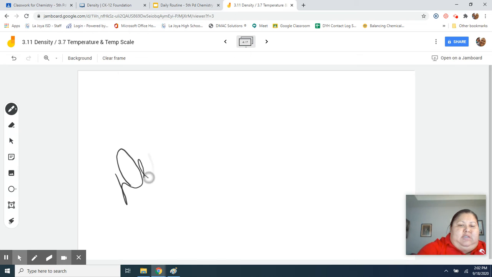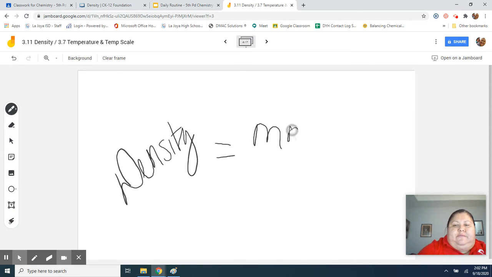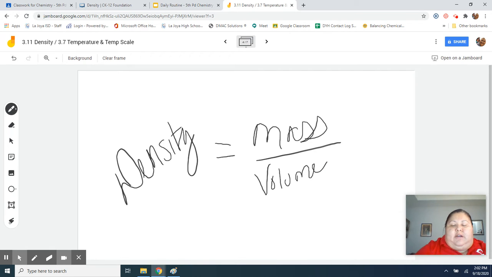So density will be equal to mass over volume. And why am I writing in cursive? I don't know. All right. So here we have mass divided by volume, and that will equal density.